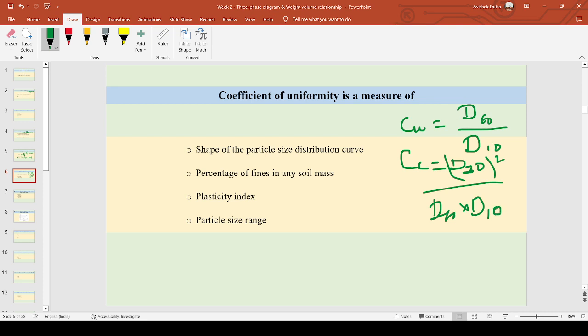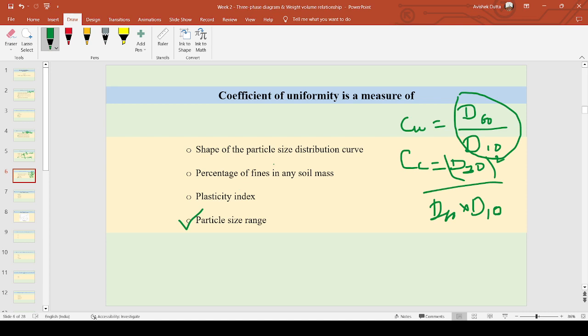What is d60 and d10? d60 is the size such that 60% of particles are finer than this size. d10 is the size such that 10% of particles are finer than this size. So this ratio, d60 by d10, tells us about the range of particle sizes present in the particular soil sample. So Cu, coefficient of uniformity, is a measure of the particle size range.